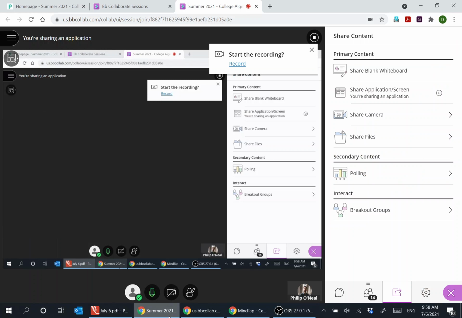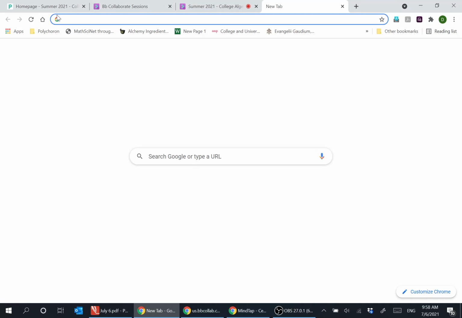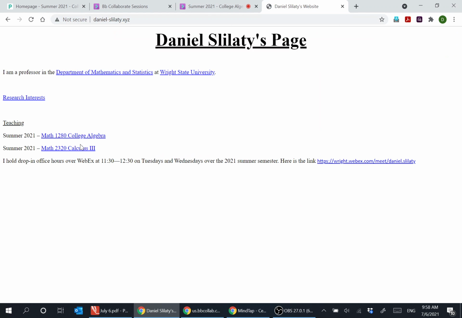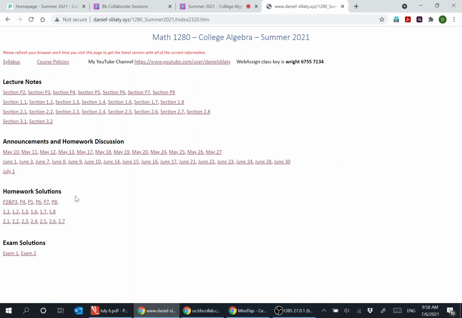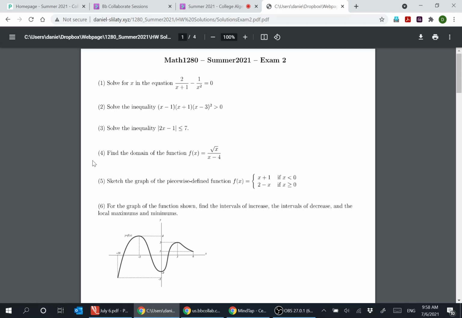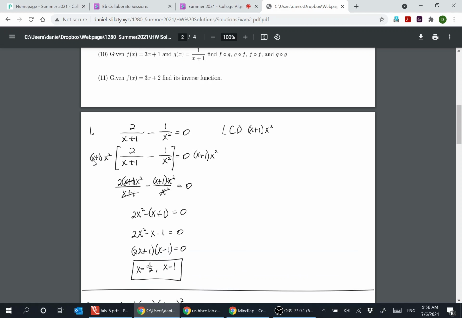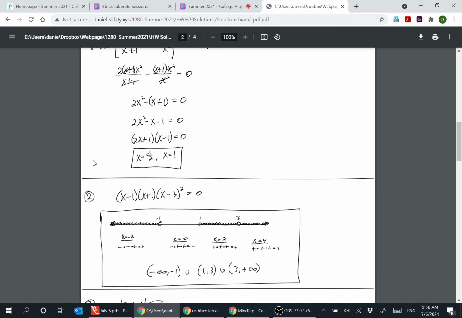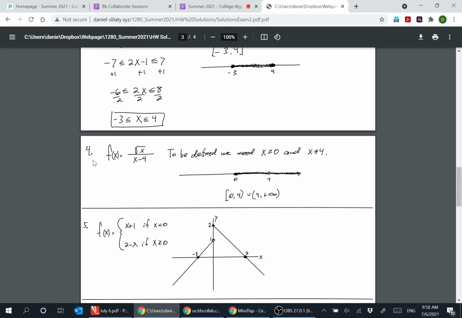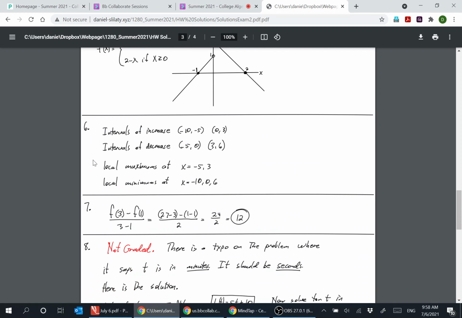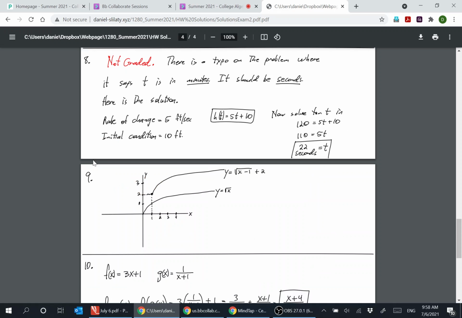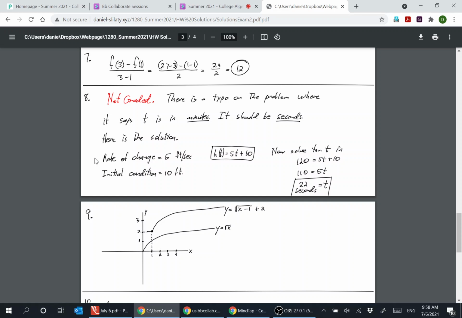And you should have received your graded second exam, Friday, I think it was. Solutions are posted right here. So take a look at the solution, see where you went wrong. Number 8 wasn't graded, unfortunately.